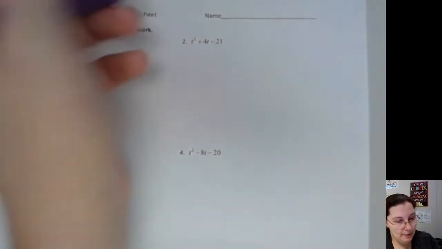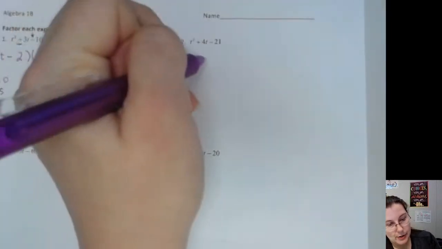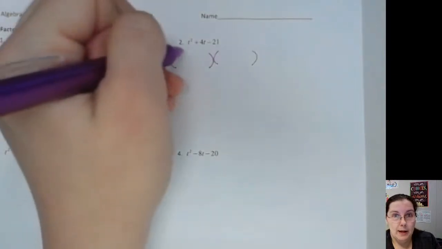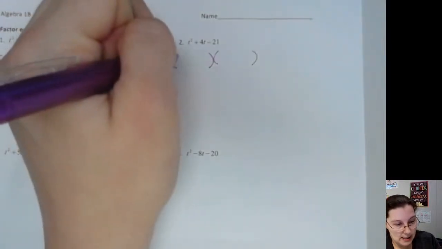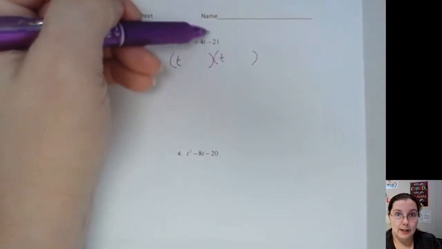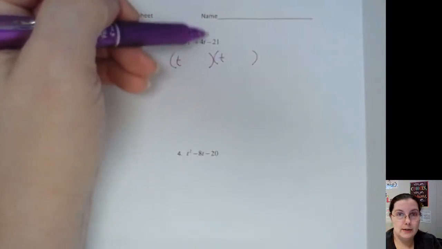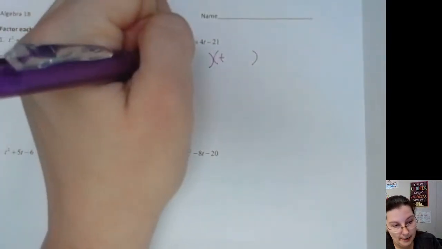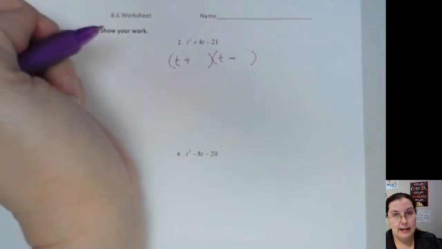Looking at number 2, I'm going to follow those same steps. First I'm going to set up my parentheses for my binomial. My first variable is a t squared, so I'm again going to put my t in both places. I look at the sign in front of my c, that third term, and it's a negative, so I know I'm going to have a positive and a negative.